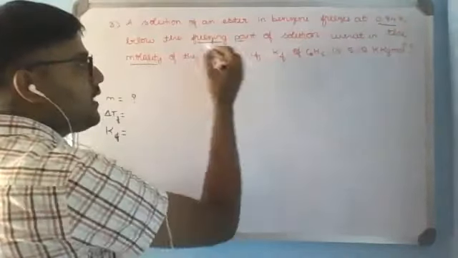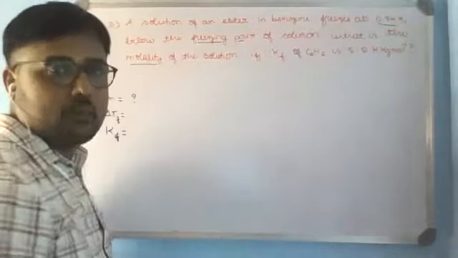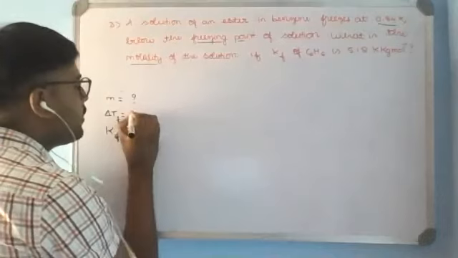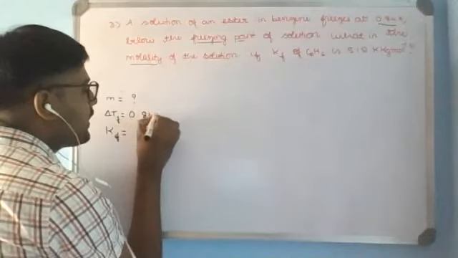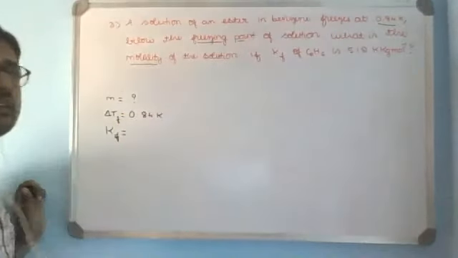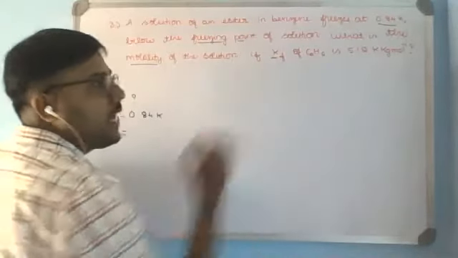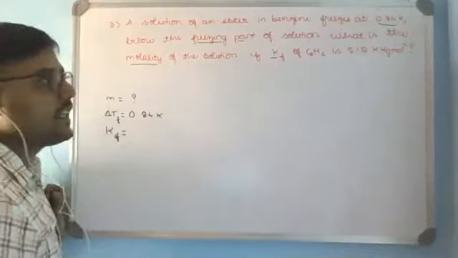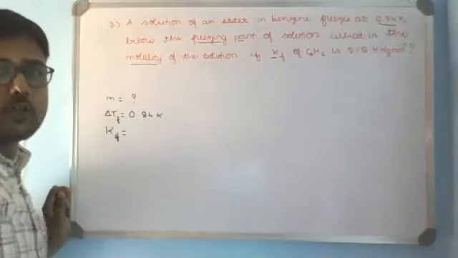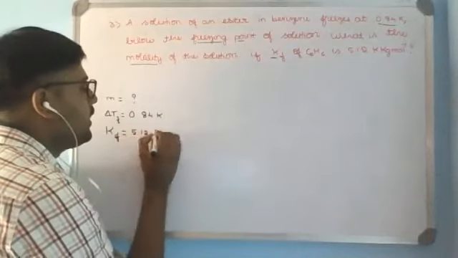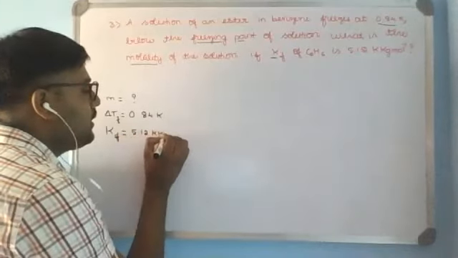That is, with the addition, whatever the depression in freezing point happened, they have given, so delta TF is 0.84 Kelvin. They have also given the Kf of benzene, that is the cryoscopic or molar depression constant of benzene, which is 5.12 Kelvin kg per mole.